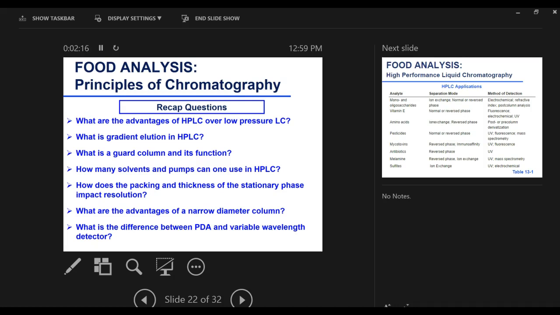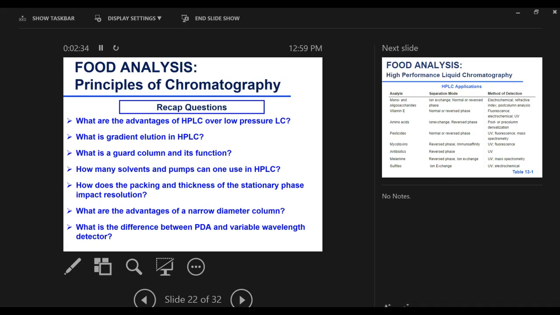Okay. What is a guard column and what is its function? Laura? So it goes before the actual column, and the same thing that's in there is the same as the stationary phase, and so it gets the impurities before they actually get into the column. Exactly. So it's guarding the column.